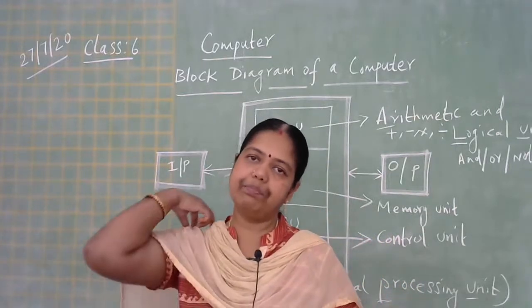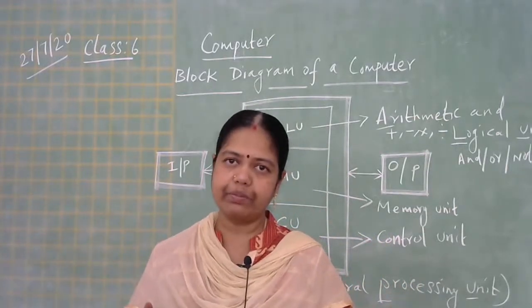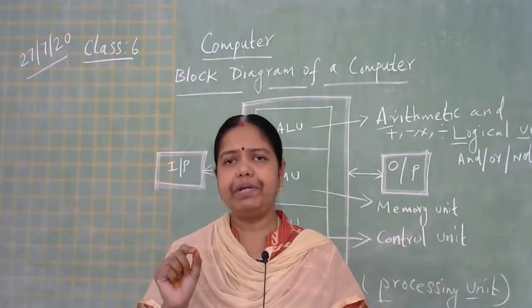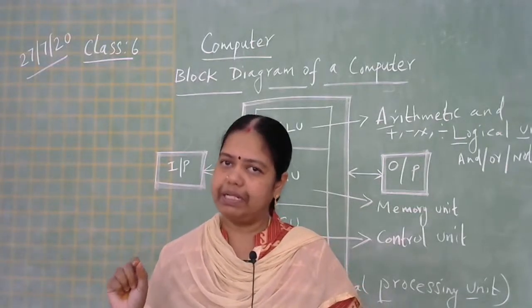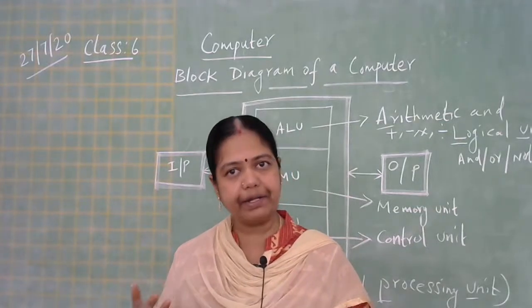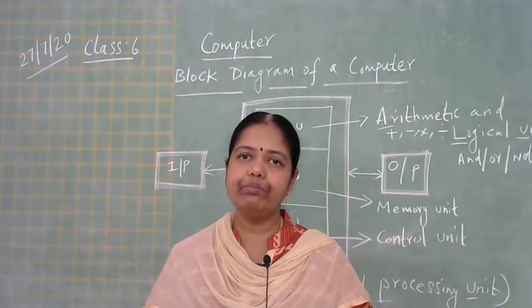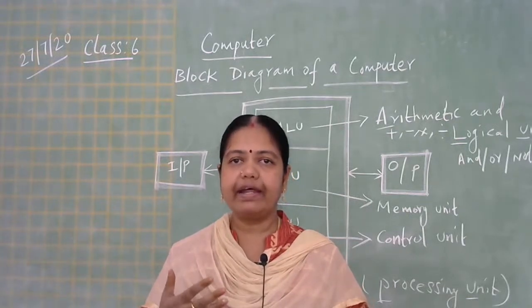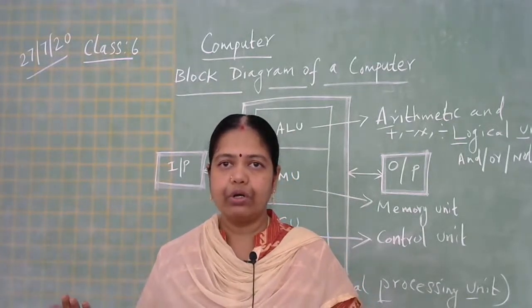unit. For example, you take simply C is equal to A plus B. When you have to take the input of these two variables A and B, after taking the input, when you have to calculate and where you have to store. Okay.